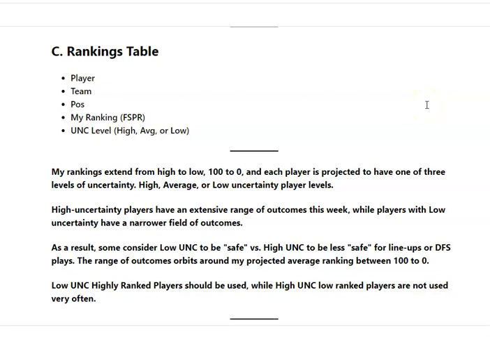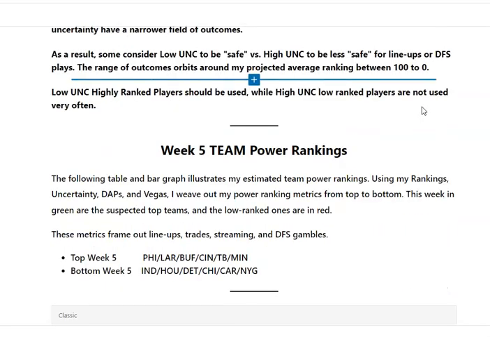Certainly, low uncertainty players that are highly ranked would be better than high uncertainty players, lowly ranked, right? So you've got kind of the outcome range there. So you're looking for the best of the best, low uncertainty, high ranked players. You can see how that all works compared to the Vegas concepts and the DAPs.